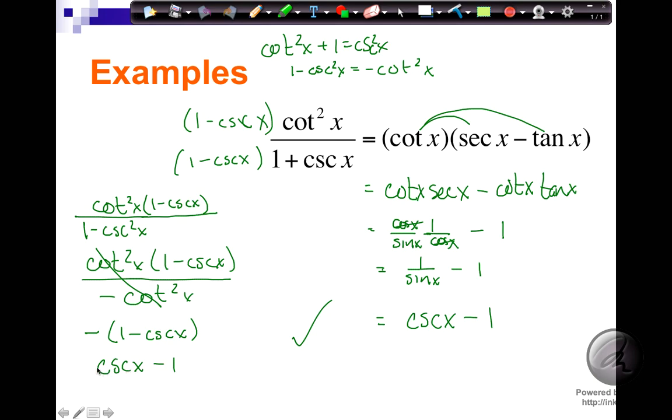But notice this, even if I did this right on the left-hand side, I would have gotten cosecant x minus 1. But the right-hand side didn't look like that, so I still would have had to work with the right-hand side. And what I did is I simplified the right-hand side down to something. Well, it just so happened they simplified to the same exact thing. And so therefore, this is a true statement, and you are complete.